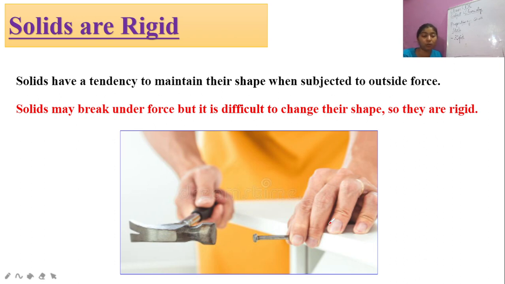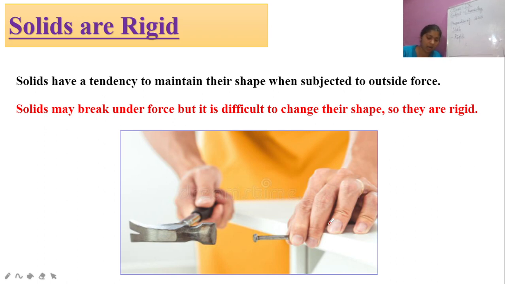Whenever you give an outside force, whenever I beat this iron nail, this is an outside force. I'm giving an outside force to this iron nail with the help of some substance. Yes, it maintains its own shape. It does not change its shape.